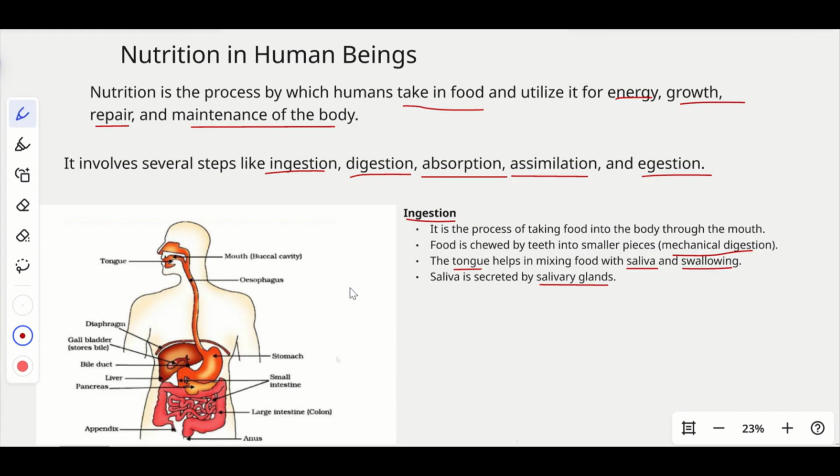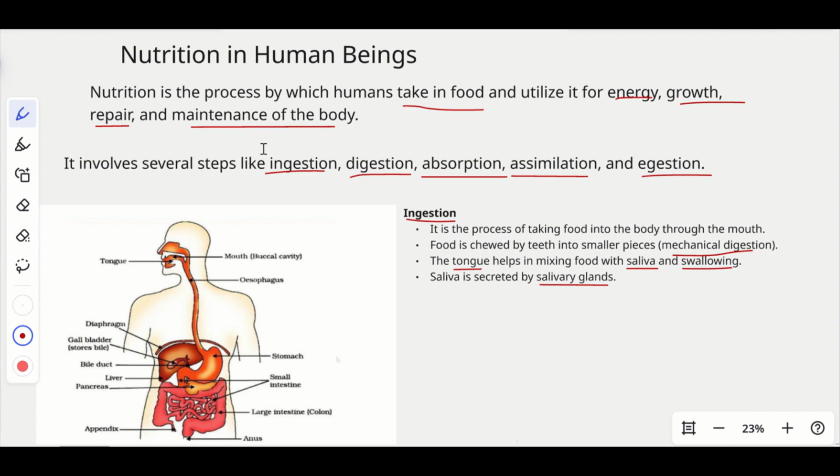Then once we have the food, what do we have to do? We have to digest it, right? So what does digestion mean? Basically, digestion is the breakdown of complex food into simpler soluble substances. The complex food item should be broken down into a simpler form, and only then can our body accept it.